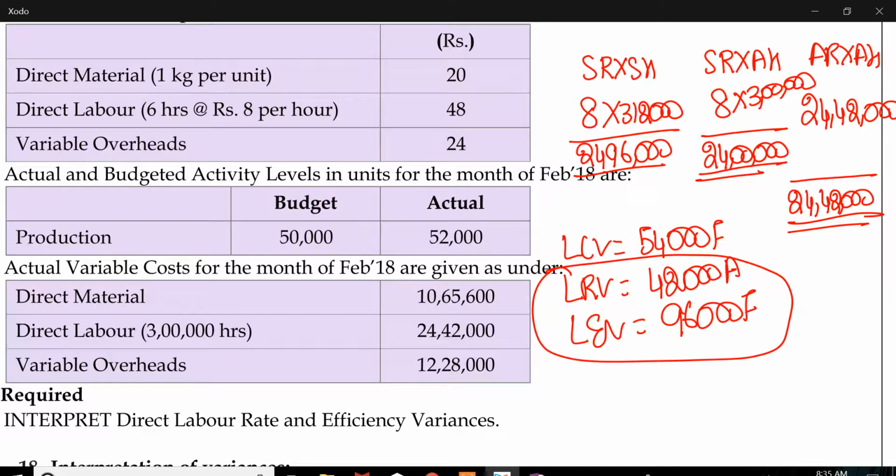Point number A. Higher wage rate would have motivated the employees to improve its productivity.